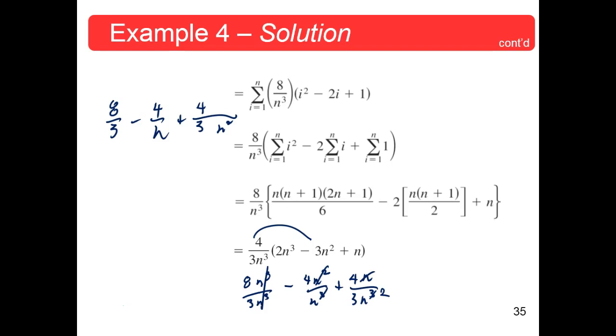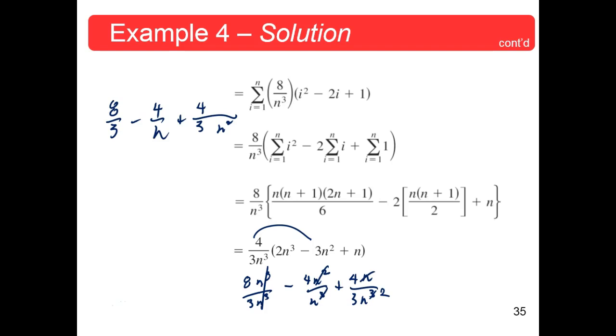Well, 4 over 30,000 is a minuscule number, and 4 over 100 is pretty small. Let n get even bigger, and those get even smaller. Those both go to zero, and you get 8/3. That's the only thing worthwhile left. As n gets bigger, those disappear, but you lost your n's because they canceled out. So there's your answer: a limit of 8/3.